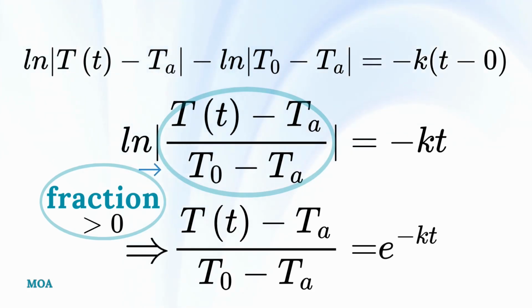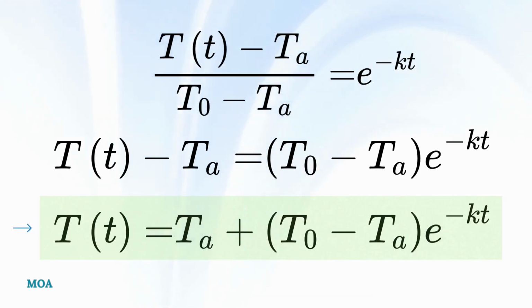This simplifies to the natural logarithm of the ratio T of t minus T sub A over T sub 0 minus T sub A equals minus kt. Exponentiating both sides yields T of t minus T sub A over T sub 0 minus T sub A equals e raised to minus kt.